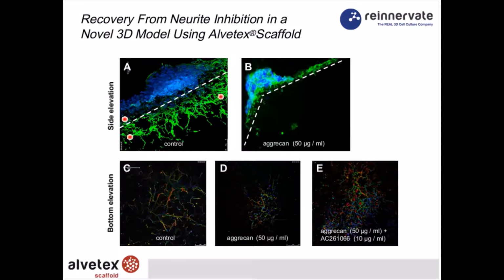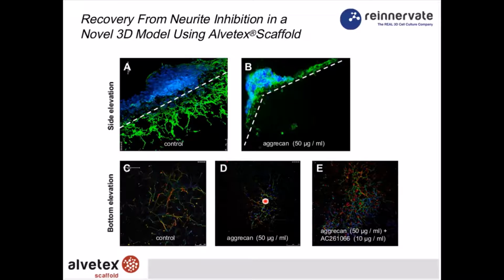So here are the neurites, here are the cell pericardia, the cell bodies. Notice you get ingrowth, but in a scaffold coated with aggrecan, the amount of neurite outgrowth into the material is suppressed. And you can see this very clearly on the bottom elevation, so control, neurites, aggrecan coated, very few neurites.